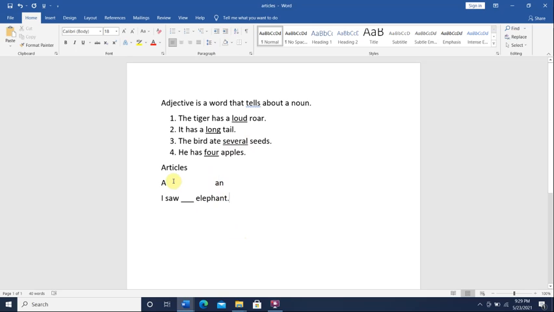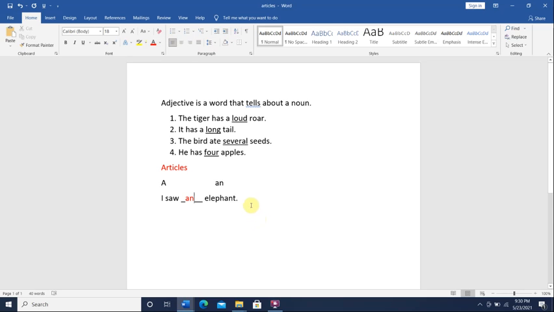An. Any other letter is a consonant, okay? And what do we put in front of words that begin with a consonant? A, the article a. So here, I saw a elephant, or I saw an elephant? I saw an elephant because elephant begins with E.